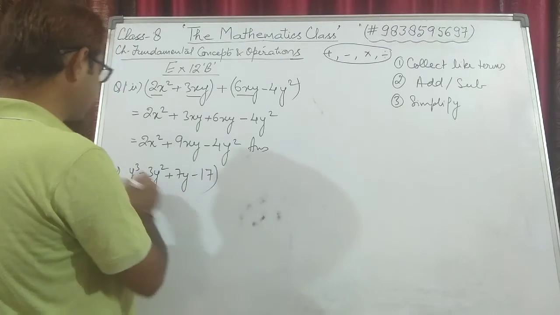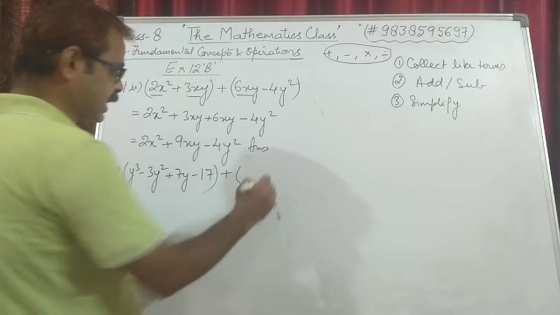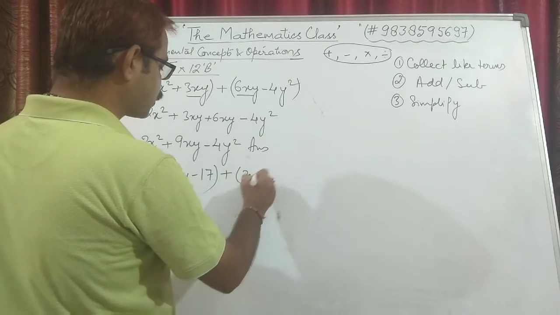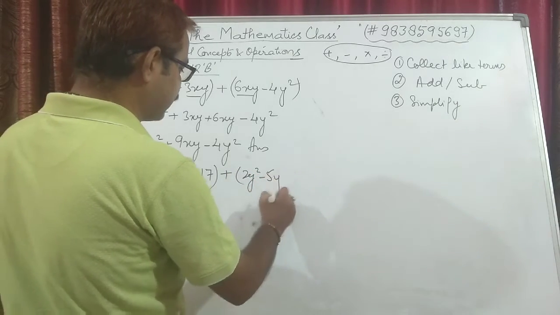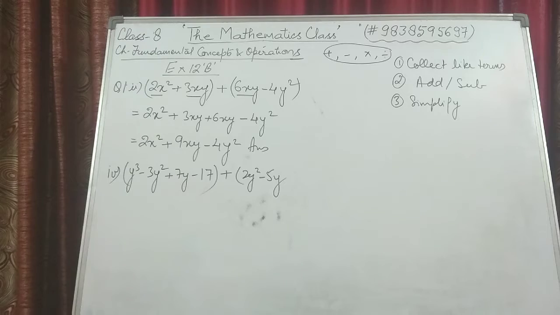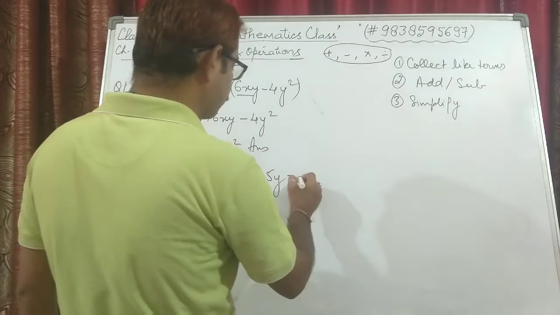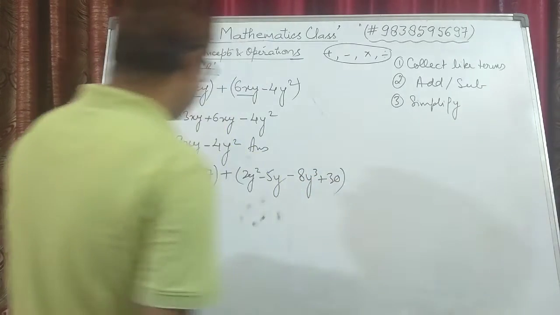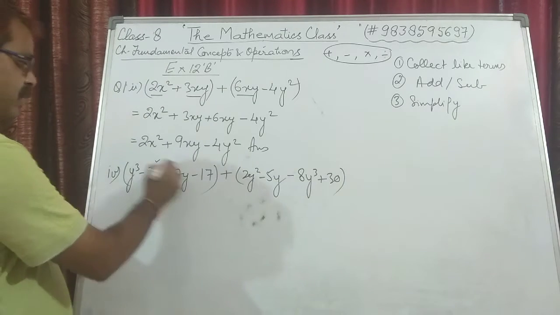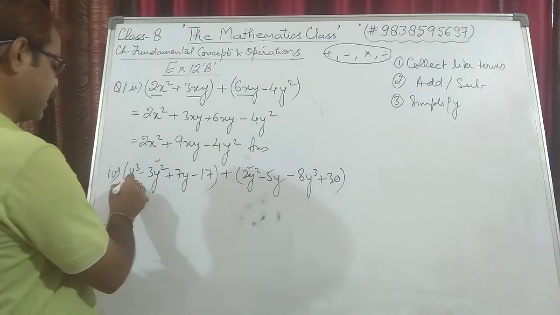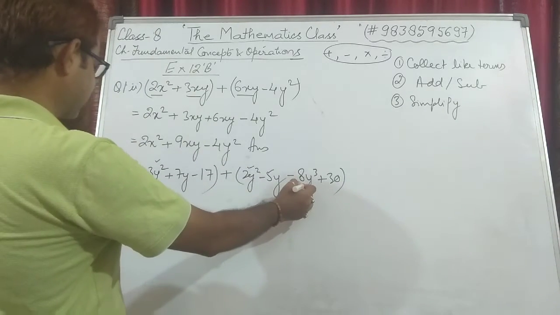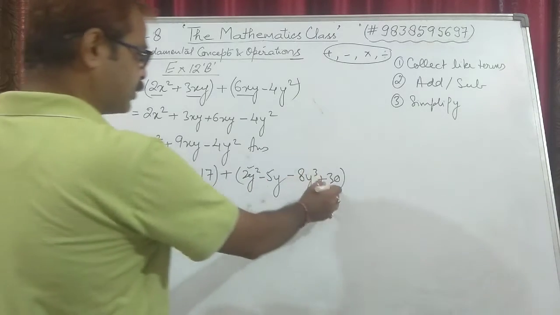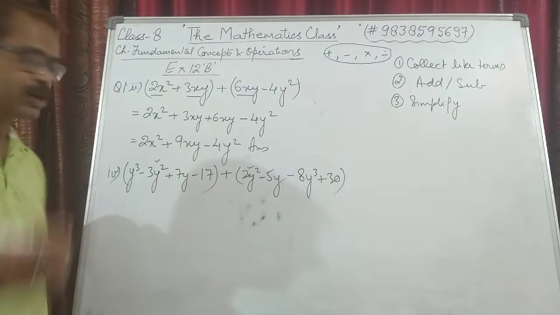This is to be added, so I am making a bracket with a plus sign, to the next term, that is 2y square minus 5y minus 8y cube plus 30. You can see y cube and minus 8y cube are like terms, y square terms are like, 7y and minus 5y are like, and minus 17 and 30 are the constant terms.